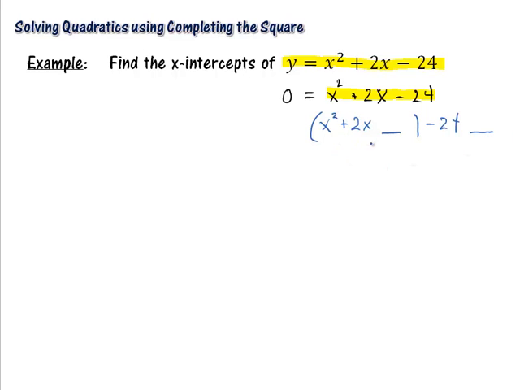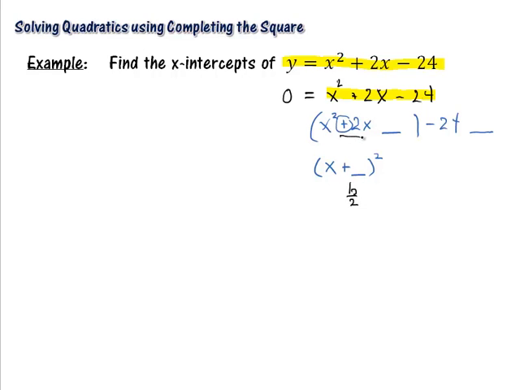Okay, so if you'll remember from this, what I did is I wrote x, and I'm going to make it plus because of that plus right there, and then I'm going to put it in squared. I'm going to leave my space, and if you remember, this blank is b over 2.